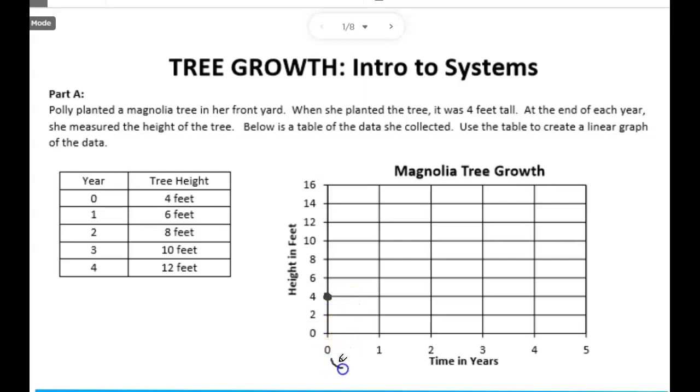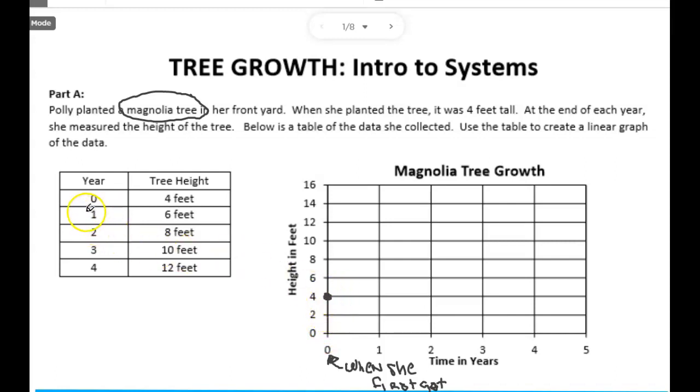So in a sense, you can see this 0 here as when she first got the magnolia tree. Okay, it was already 4 feet tall. She didn't have it for no time, anything like that. It was like, boop, 4 feet the moment she got it.